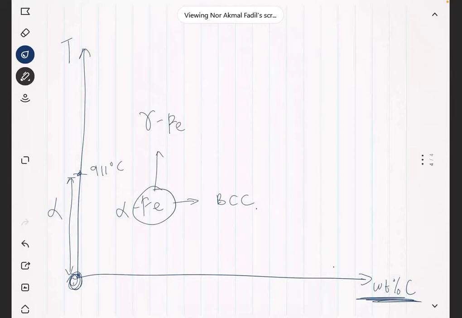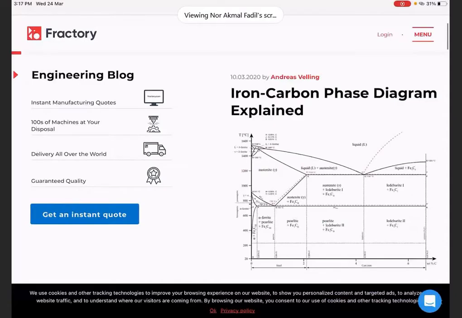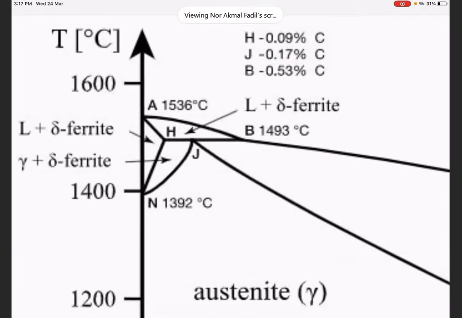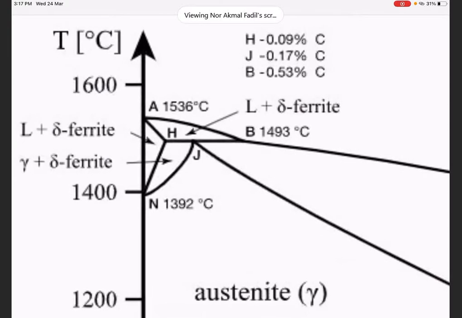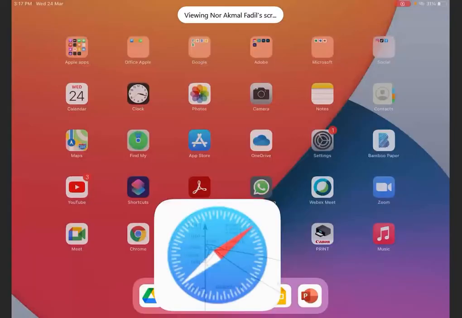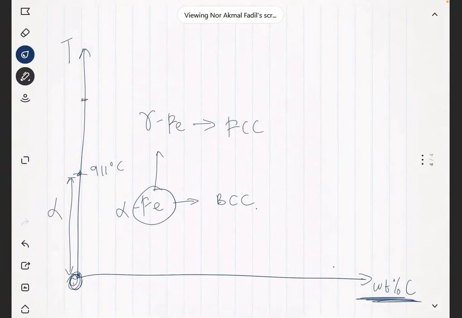So it is still pure iron. But for this one, it is FCC structure. And then if we look at what temperature? 1392 degrees Celsius, it will change into delta, until 1500 something.